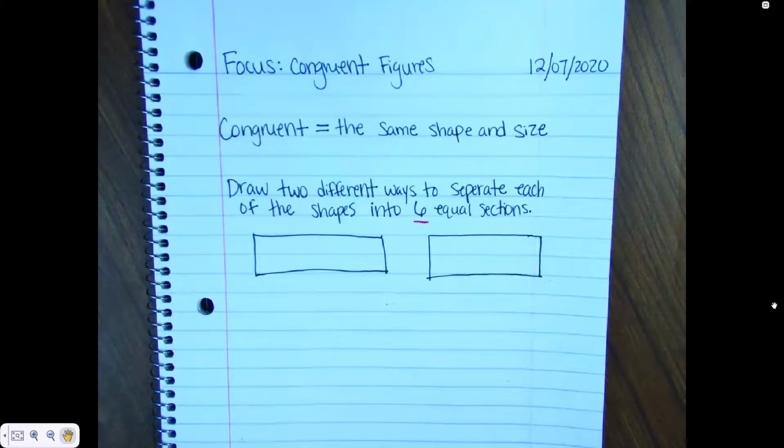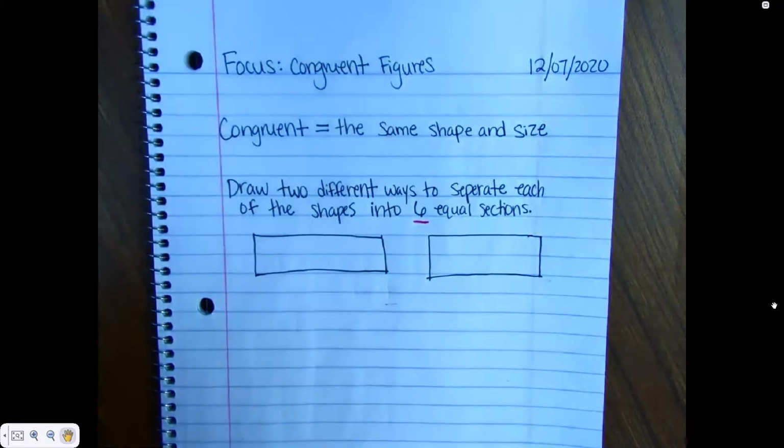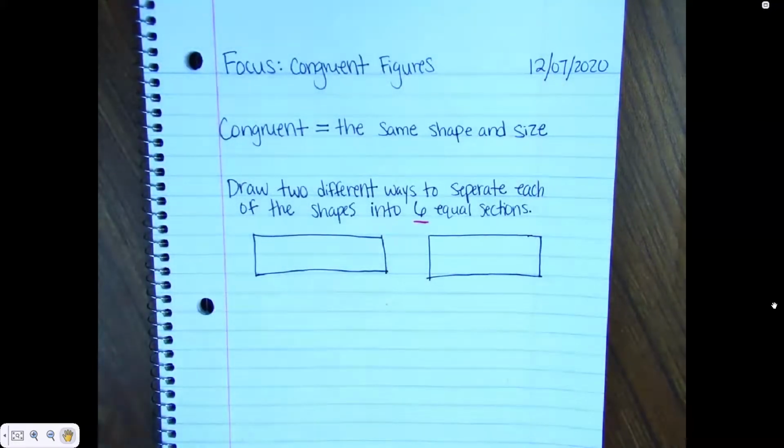And 3, 2, 1. Let's see those divided shapes. Ooh, okay. Okay, good job, Holly. Good job, Bianca. Good job, Miles. Good job, Walter. Good job, Isabella. I only had 4 people.